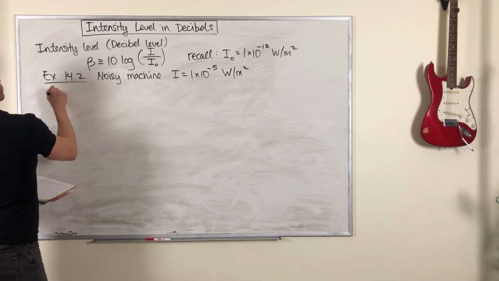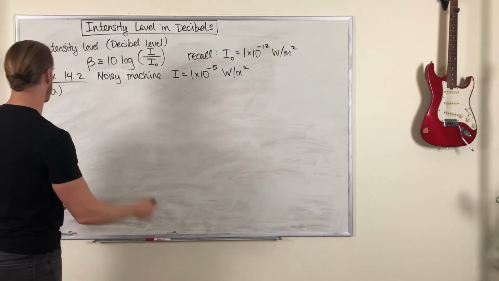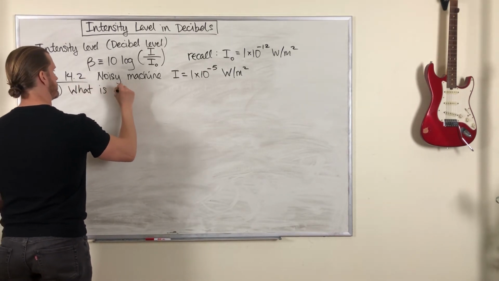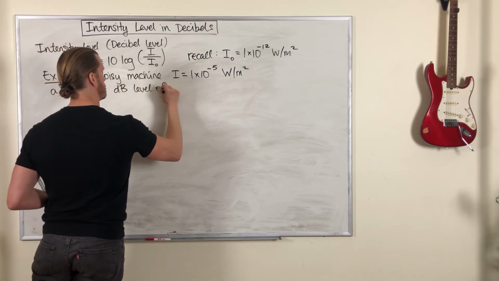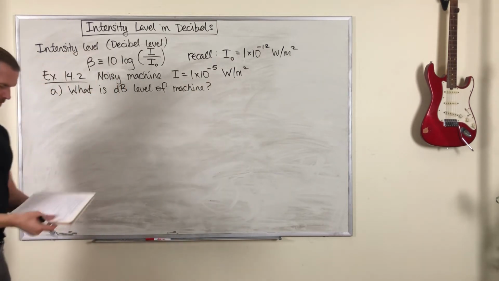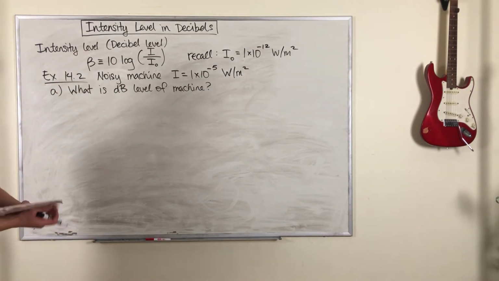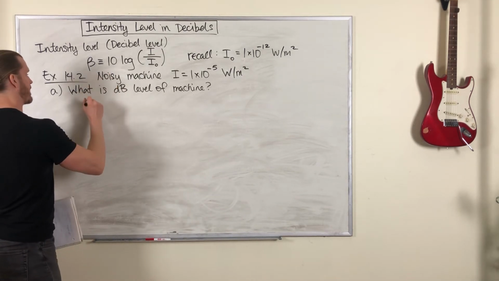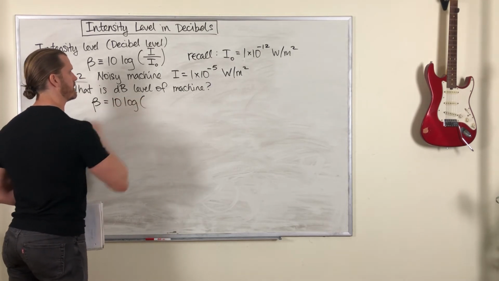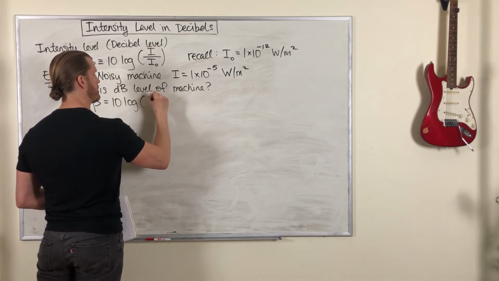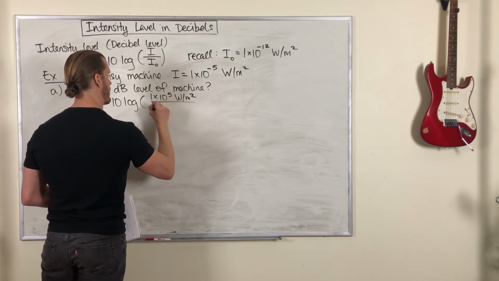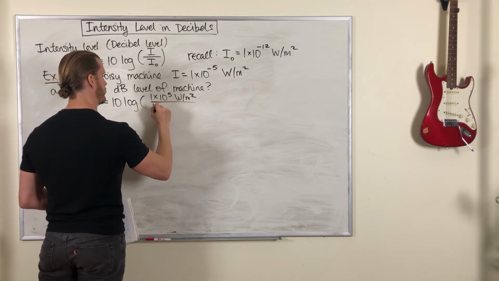So let's figure out first the decibel level of the machine. We'll use our definition of decibel level, 10 log of intensity divided by that minimum intensity, the threshold of human hearing.